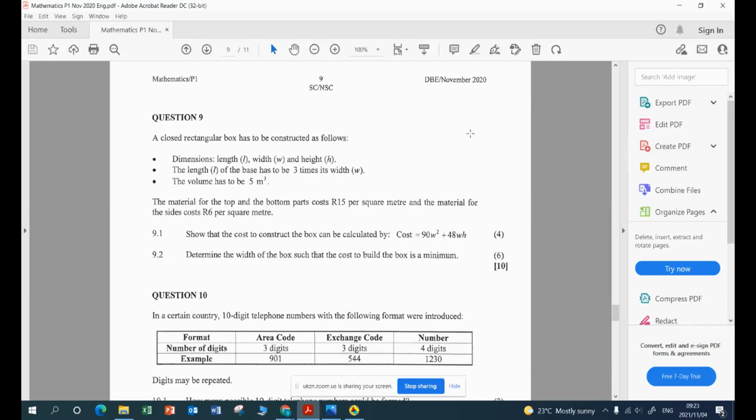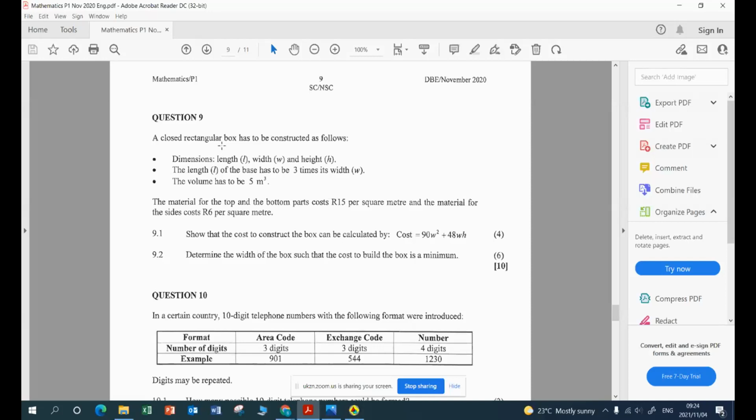We're looking at a closed rectangular box to be constructed as follows. A box has dimensions length, breadth, and height, or length, width, and height. So here you've got length, width, height. We are talking about volume, and we're talking about cost. So there are a number of variables involved here.